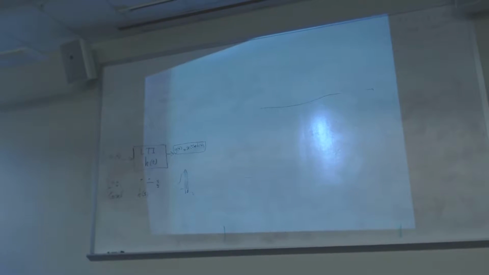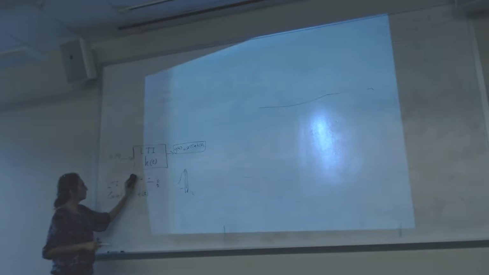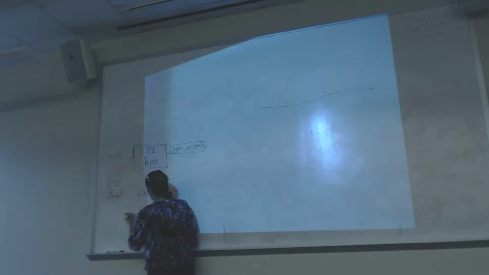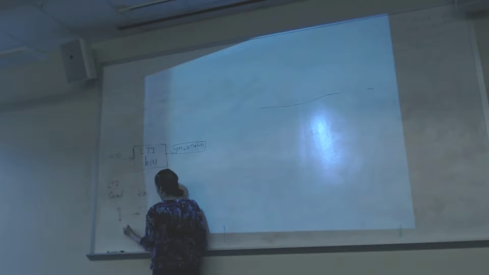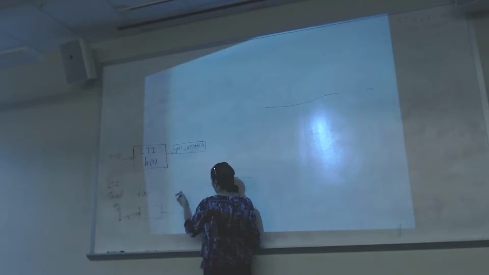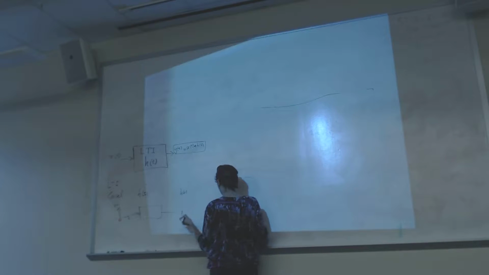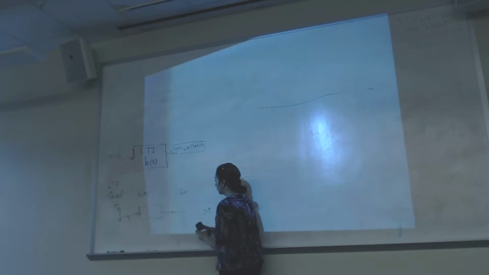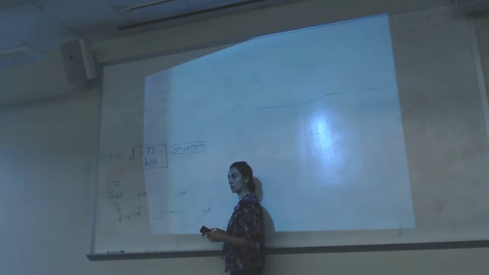So remember, what is h of t? The response of the system to an impulse. I apply an impulse at time equal to 0, delta of t, and I look at h. Where do you think my output should start?